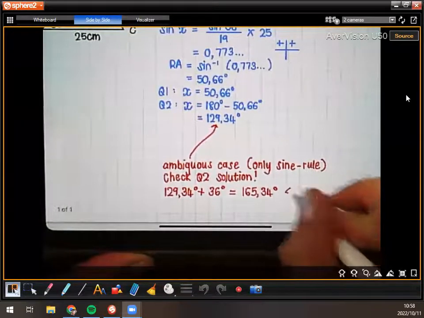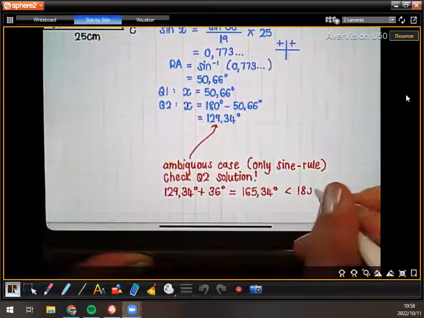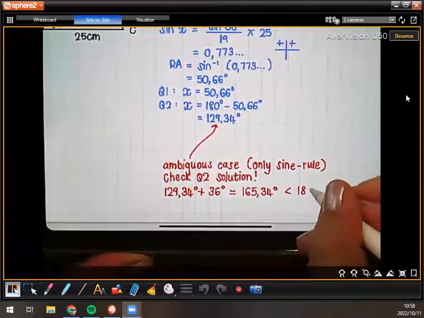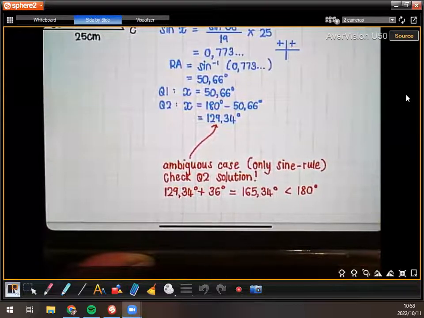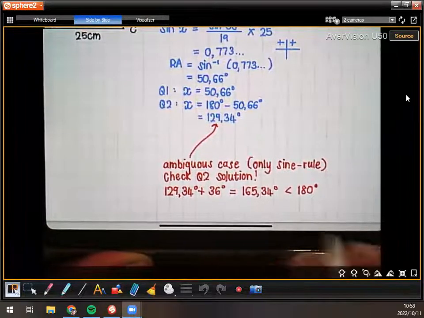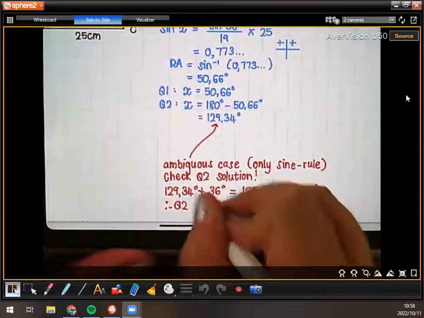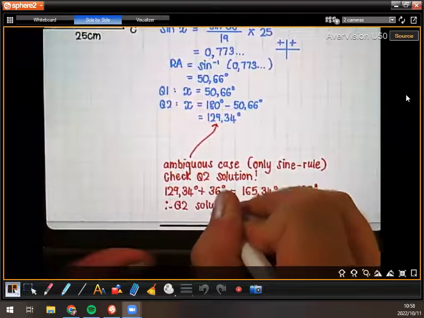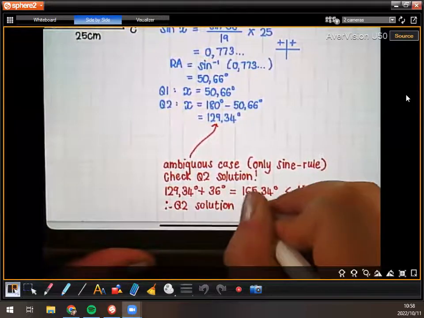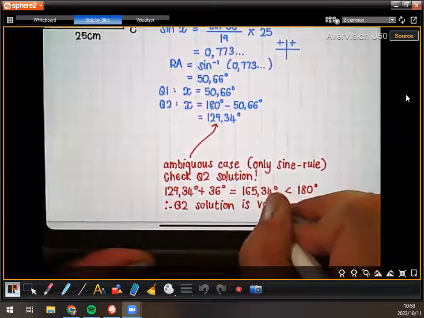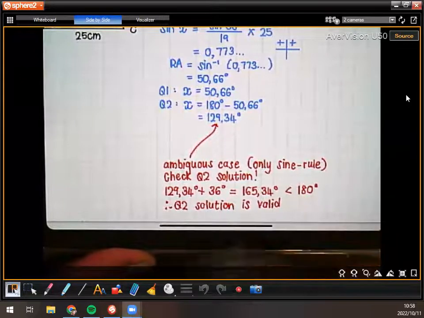But on the right here, this is smaller than 180. Therefore, the quadrant 2 solution is valid. So then, if it's valid, you just leave it.